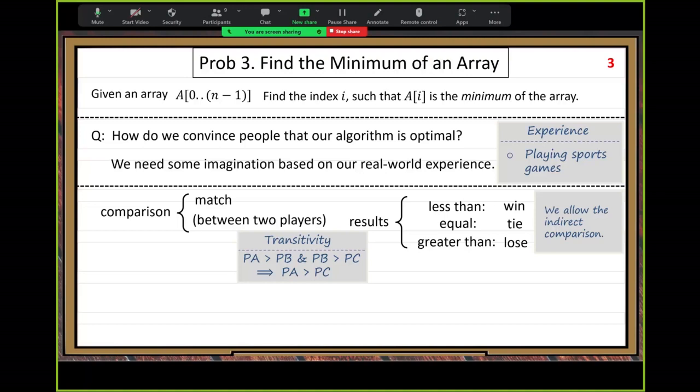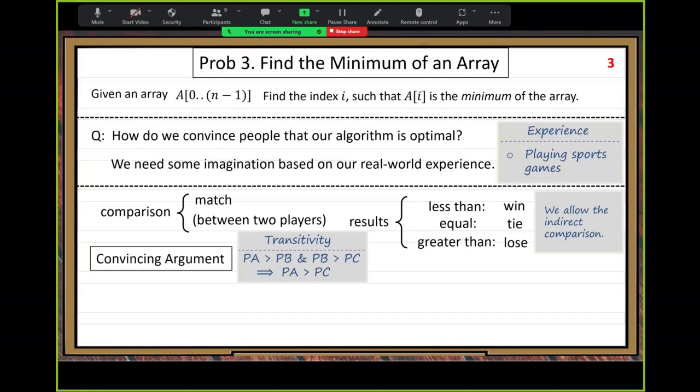We call it that PA beats PC in an indirect comparison, not a direct comparison. The transitivity property gives us an indirect comparison between PA and PC. So that's the special thing.